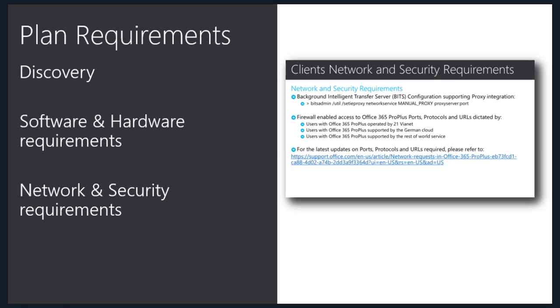But you can also subscribe to the RSS feed that we provide for upcoming updates or changes that may occur in the future. We also provide an XML file with all the Office 365 endpoint details listed. You can use this XML file to automate configuration of your firewalls.